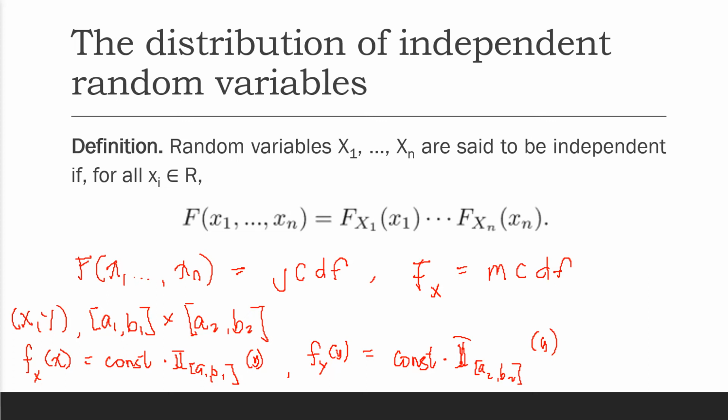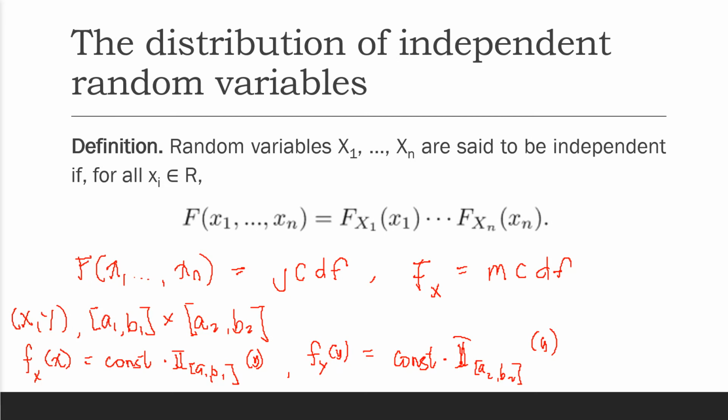Hence, f of (x, y) is equal to a constant times the indicator function of (x, y) on the rectangle [a sub 1, b sub 1] by [a sub 2, b sub 2]. By the definition, this vector is uniformly distributed on the corresponding rectangle.